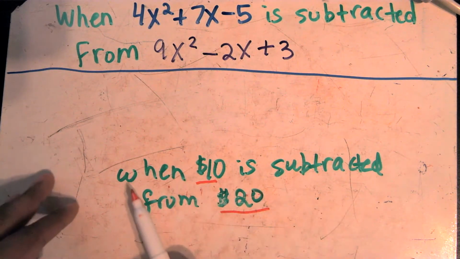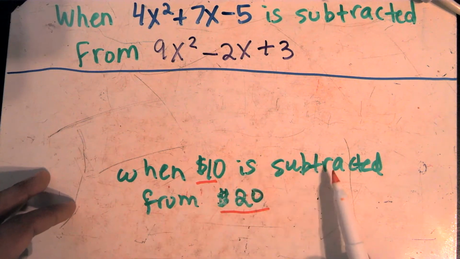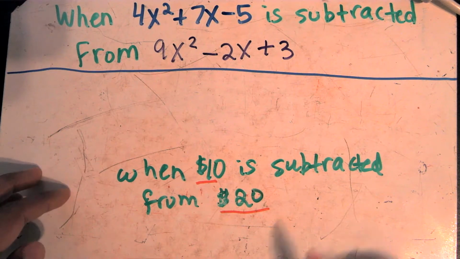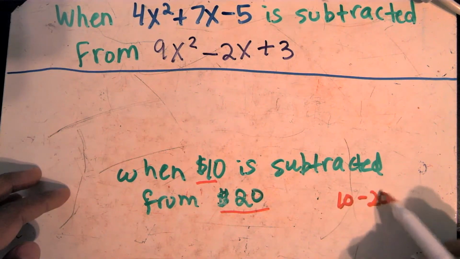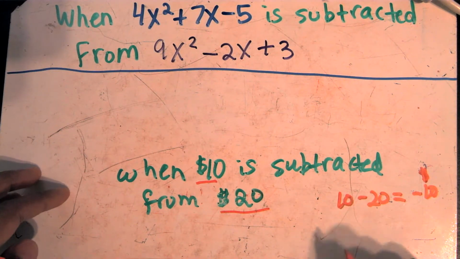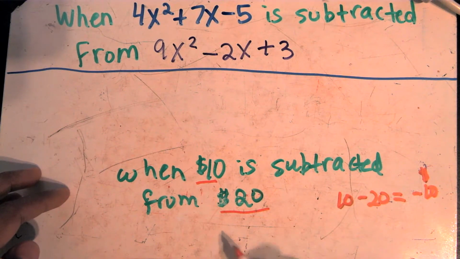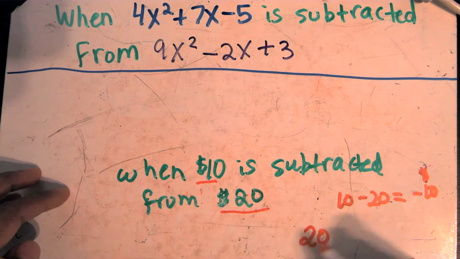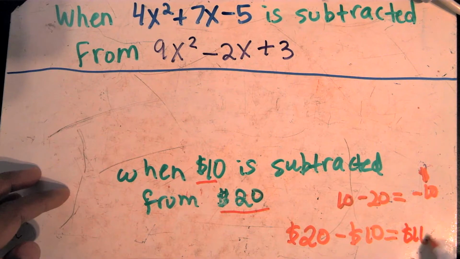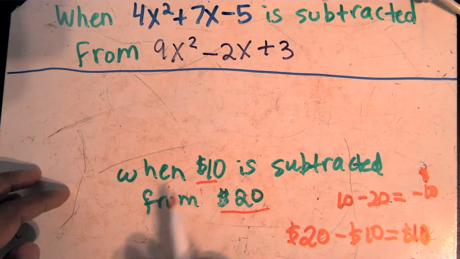So for example, when 10 is subtracted from 20, it becomes more obvious that I'm not doing 10 minus 20 and getting a negative value in money. Instead, the correct order is 20 minus 10. This is the correct order, although 20 is not listed first in the problem, 10 is.